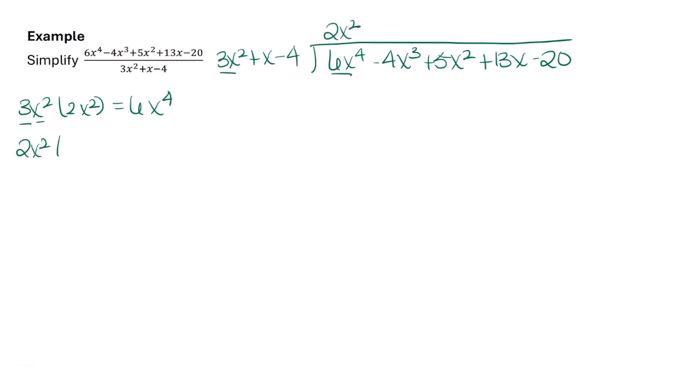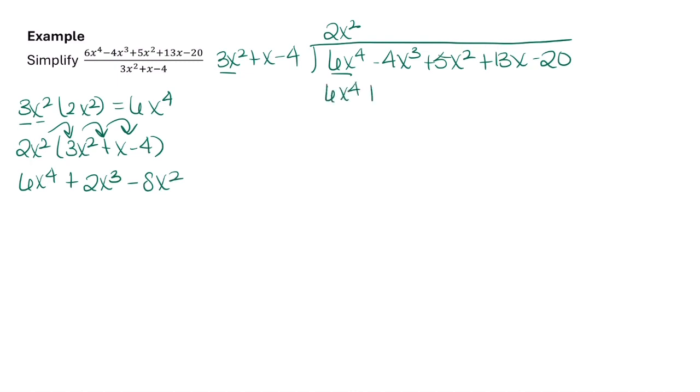And then I do 2x squared times 3x squared plus x minus 4. And I go ahead and distribute. So I have 6x to the 4th plus 2x squared times x is going to be 2x cubed. Minus 2x squared times minus 4 is going to be minus 8x squared. So I'm going to write 6x to the 4th plus 2x cubed minus 8x squared.